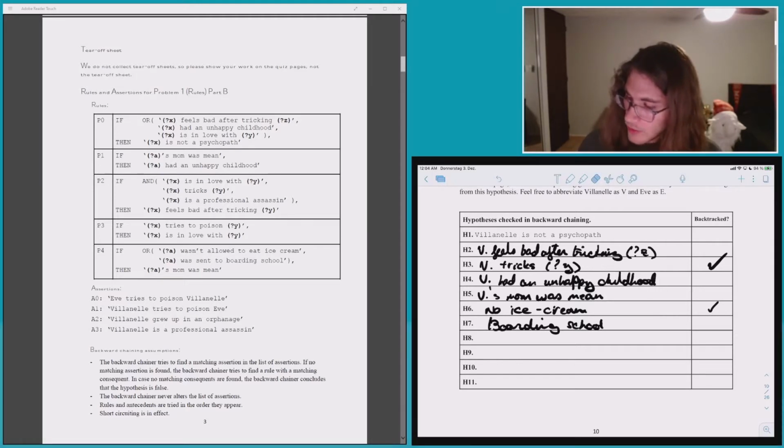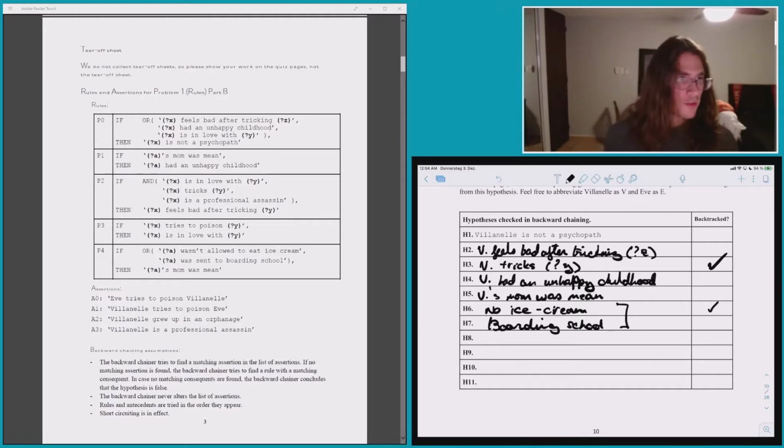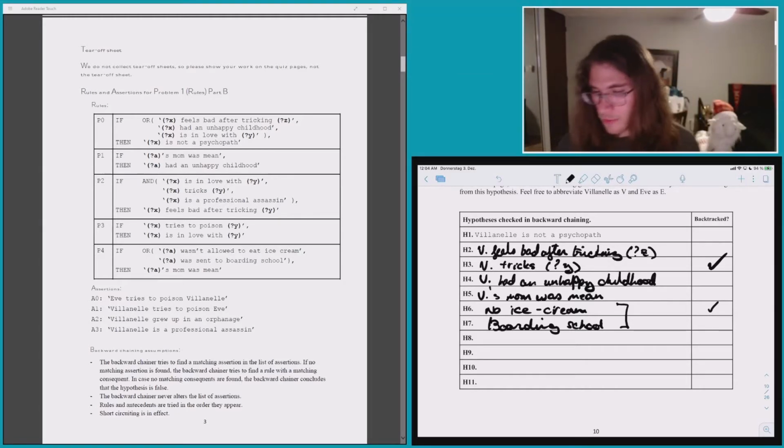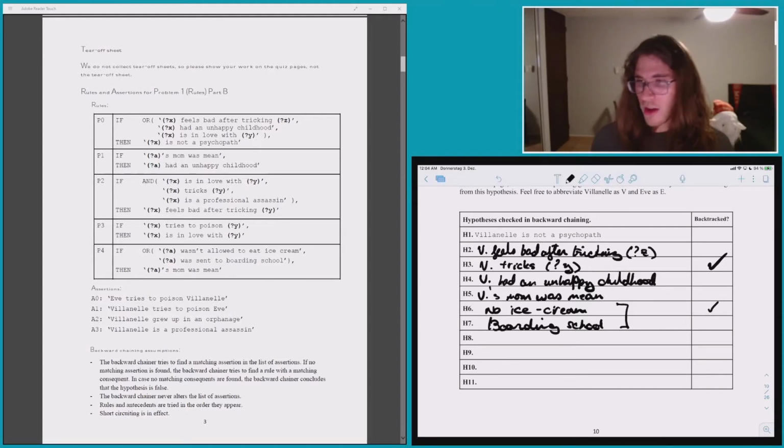In reality, I don't consider it backtracking, because remember that these two are children of the same rule, P2, or not P2, sorry, P4. These are two children of P4. So in reality, you're not going up to another node, you're just changing children within the same node. It depends on how you look at it and implementational details.